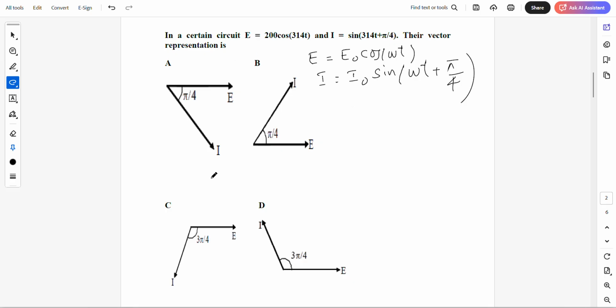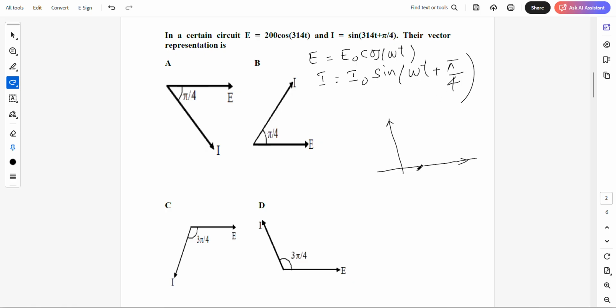Now we have to observe these vectors, the vector diagram or phasor diagram. This is the x-axis and this is the y-axis. I is equal to I sine of omega t plus pi by 4.